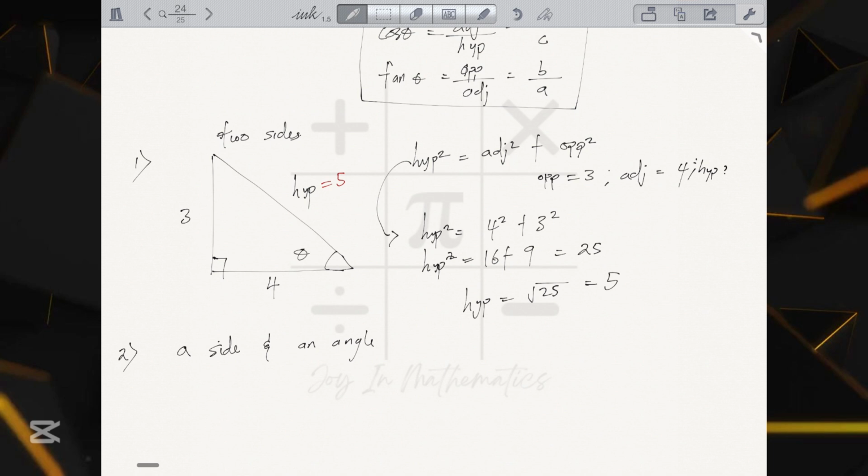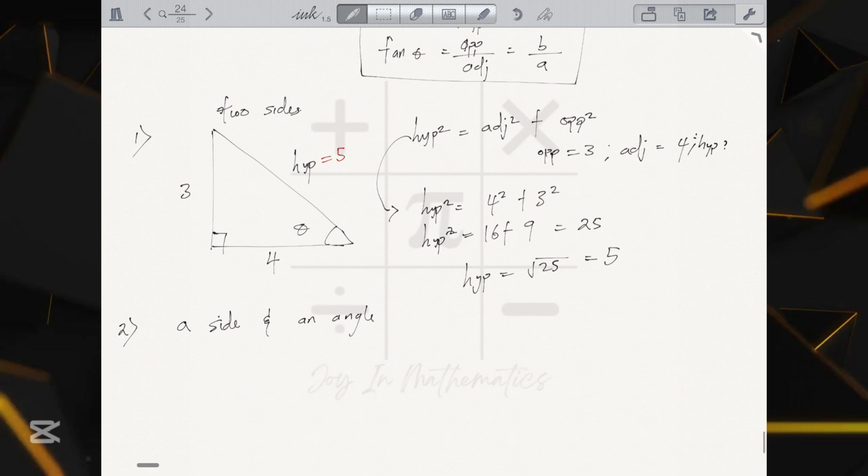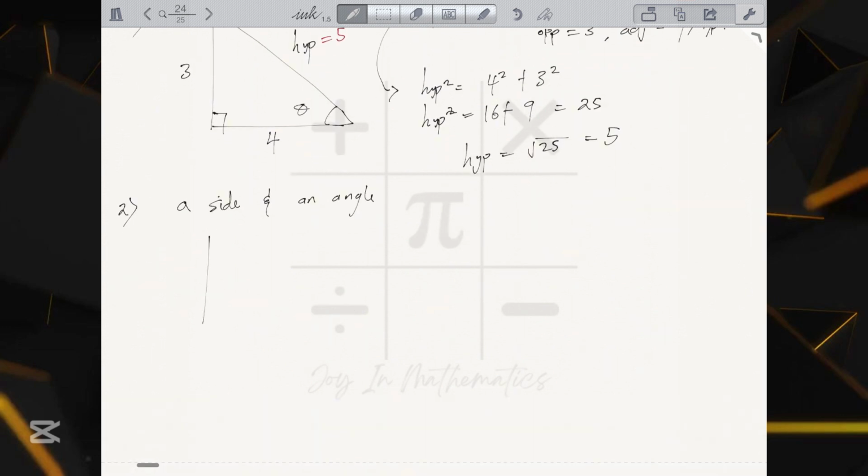So considering that, let's take an example. We have a right angle triangle and they gave us angle theta to be, let's say, 30 degrees. They gave us the adjacent to be 5 centimeters, and we are asked to evaluate the opposite.